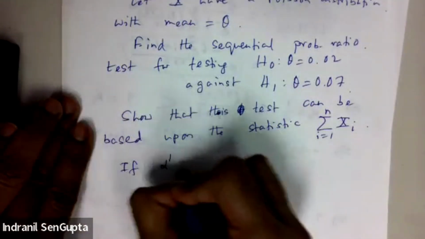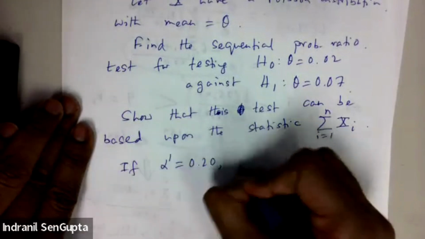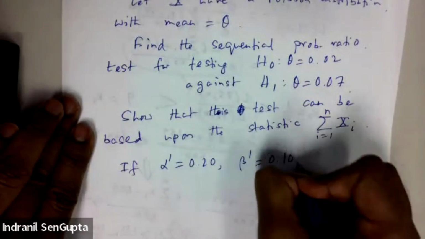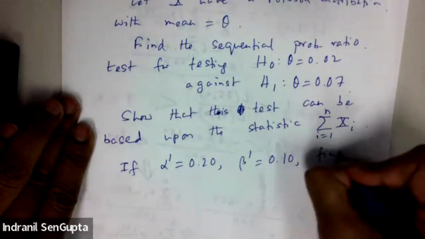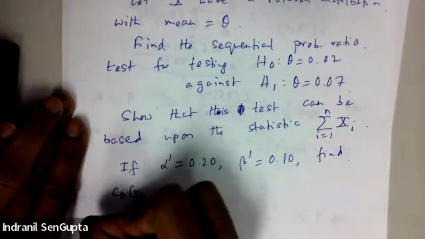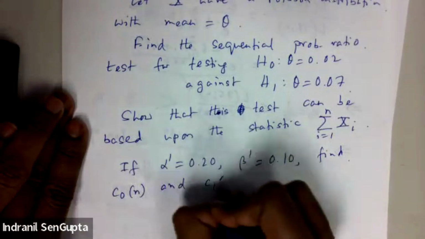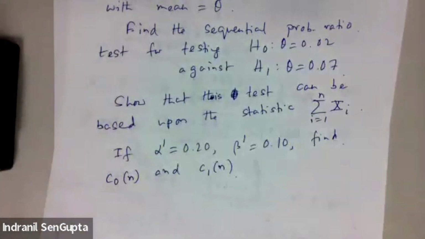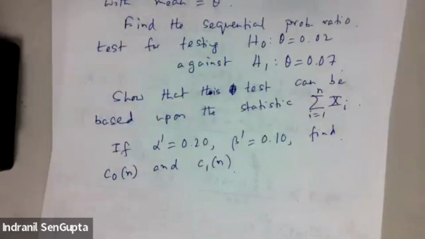If alpha prime equals 0.20 and beta prime equals 0.10, find C0n and C1n. So these are the pre-assigned values which are given.